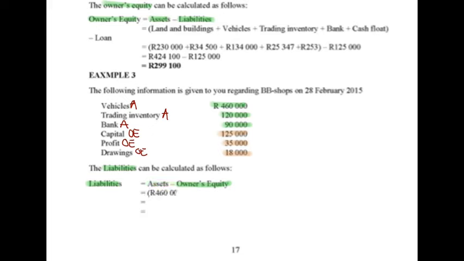Assets then is equal to the 460,000 plus the 120,000 plus the 90,000 minus owner's equity, and owner's equity is calculated by taking the 125,000 plus the profit of 35,000 but minus the 18,000, that is drawings. So therefore my total assets was actually 670,000 minus my owner's equity, which is actually 142,000, which results in a total liability of 528,000 rand.